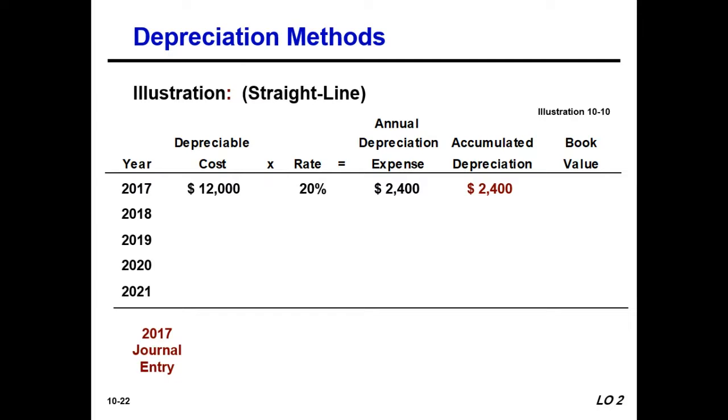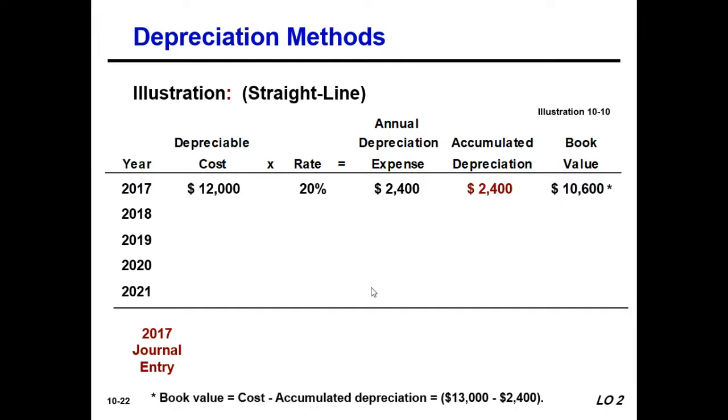Cost in this question is 13,000. For this truck, the cost is 13,000. Accumulated depreciation is 2,400. You can see the answer on the slide.